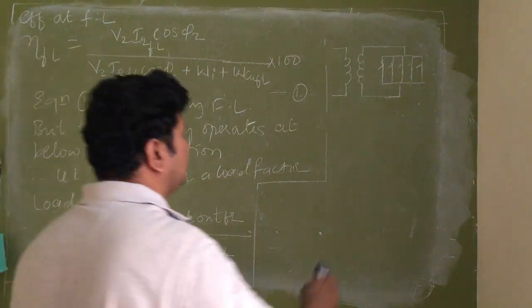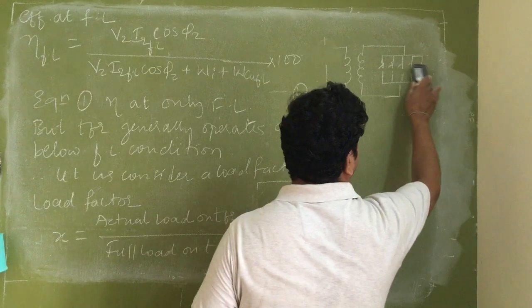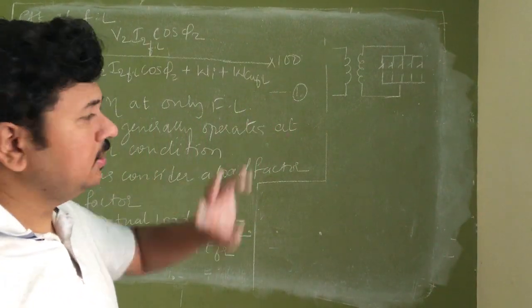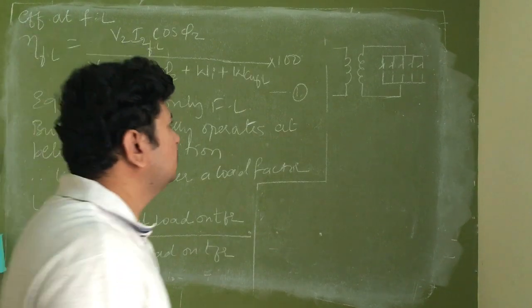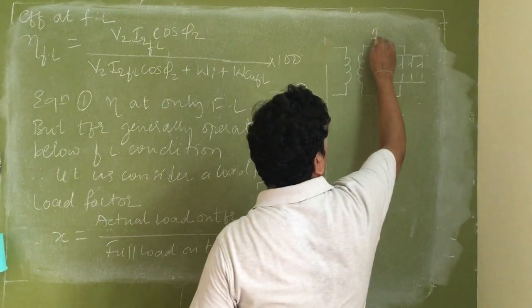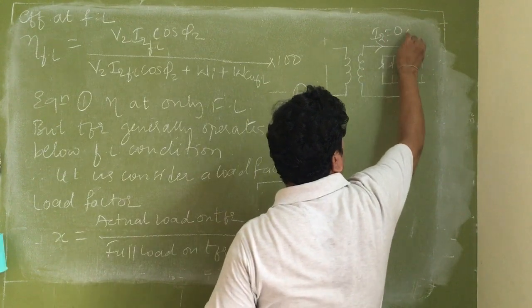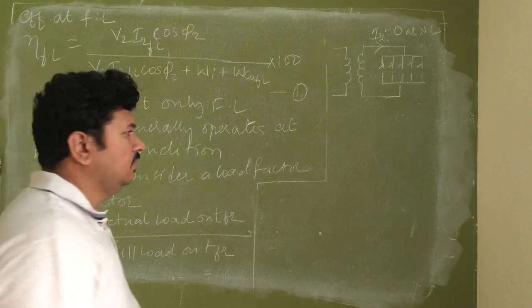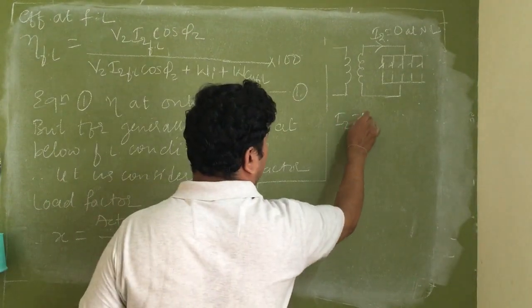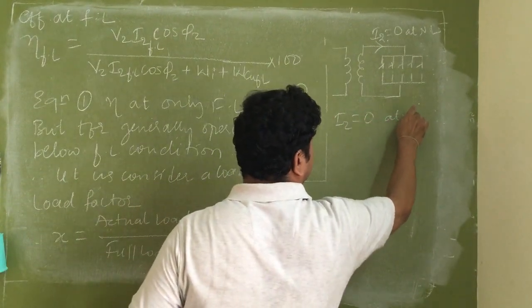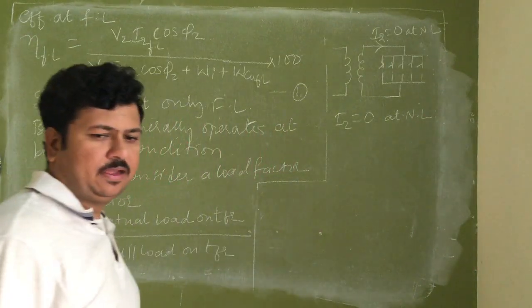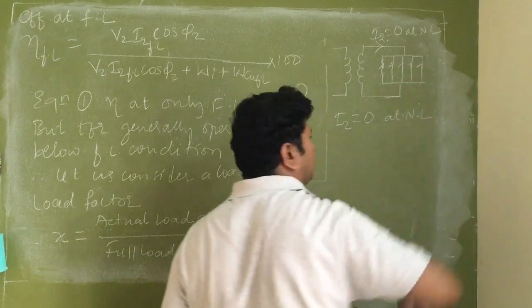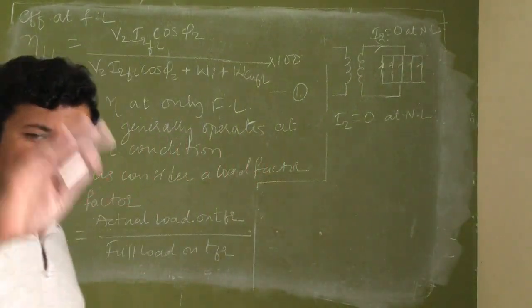Now, what is the current in no load? At no load, the current in the load is 0. I2 will be 0 at no load. Now when I close all the switches, I turn on all the lamps, all the fans in the class.